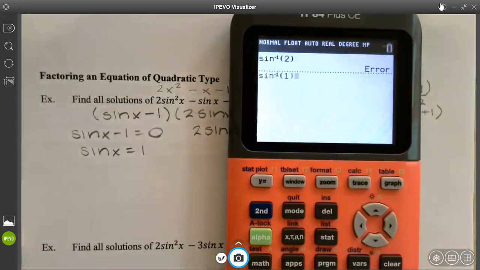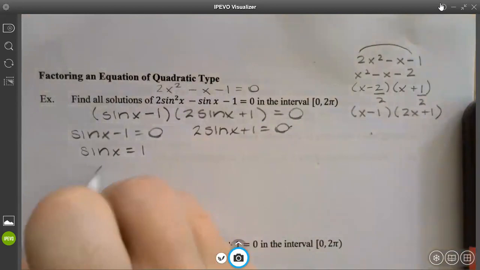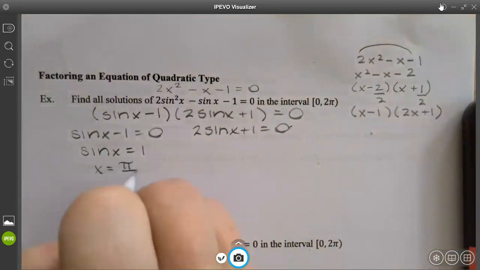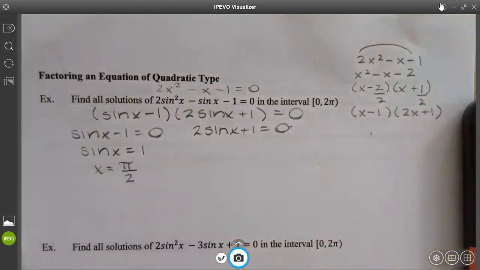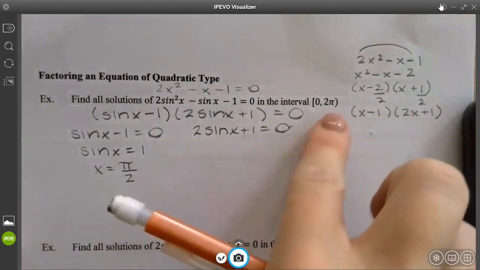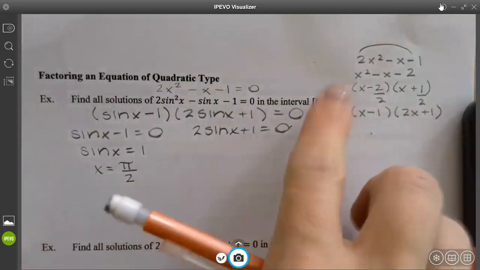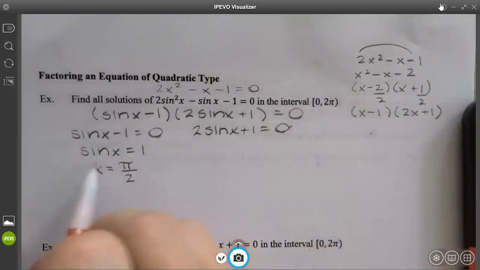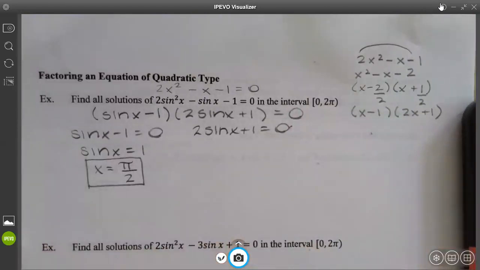Sine inverse of 1 gives me 90 degrees, which is pi over 2. And it says from 0 to 2 pi. You guys see how this interval happened right there? So we don't have to put any of that plus 2n pi or anything. That's our answer for that one.